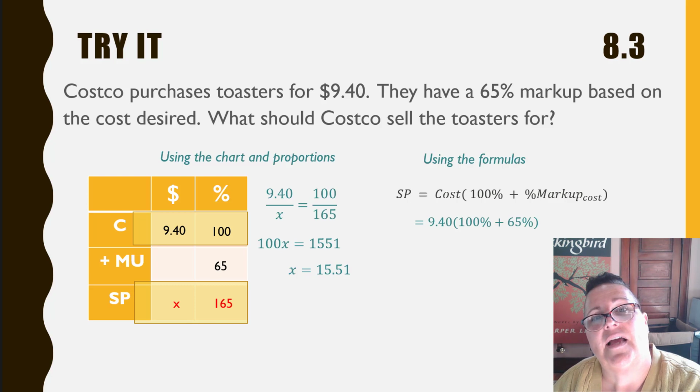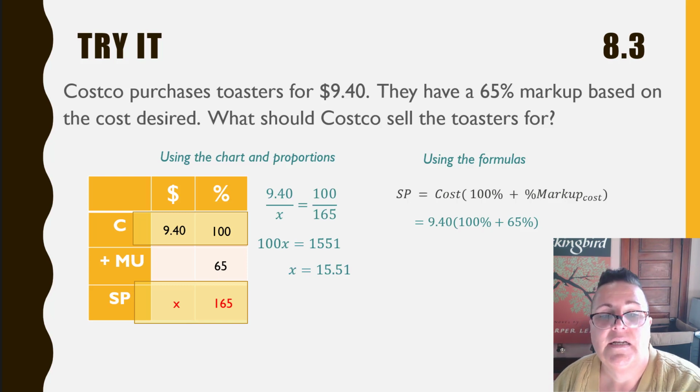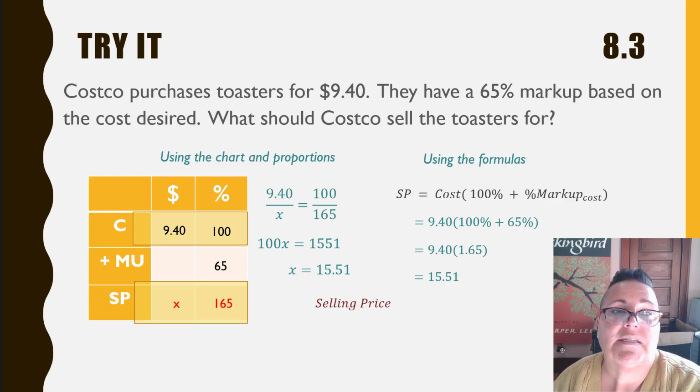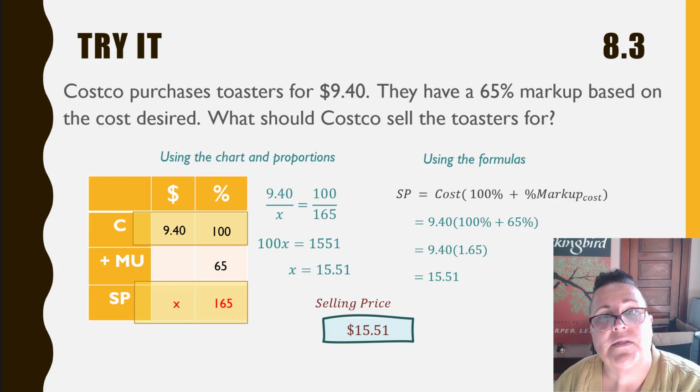So I'll have $9.40 times 100% plus 65%. This is $9.40 times 165% or 1.65, which is also $15.51. This gives us an overall selling price of these toasters of $15.51.